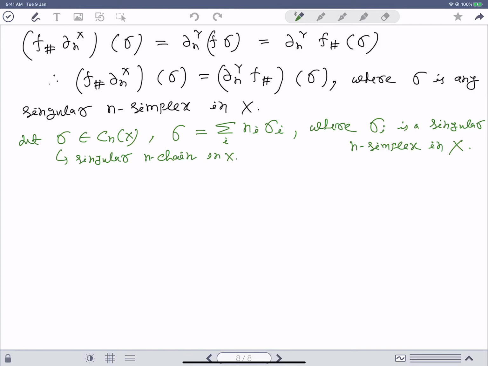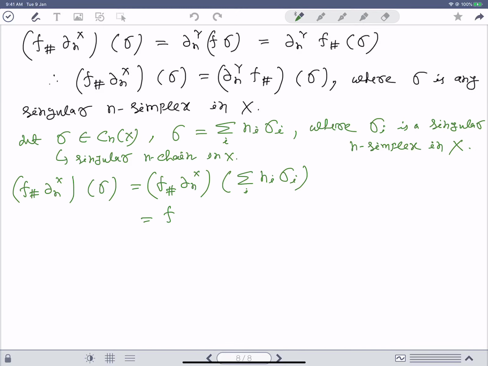Now if you apply f hatch del n x of sigma, that means it will be f hatch del n x summation of ni sigma i. Now you can apply first del n and then f hatch, but we know that del n is a homomorphism, since by the definition we define del n as a homomorphism.